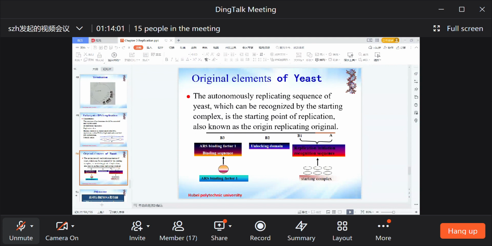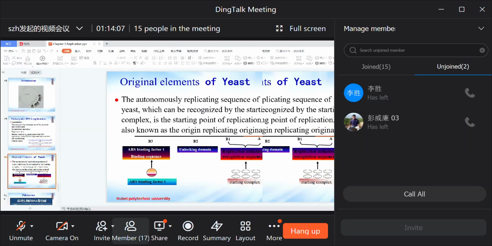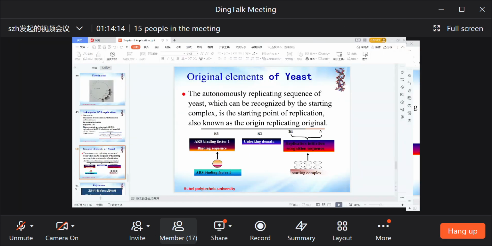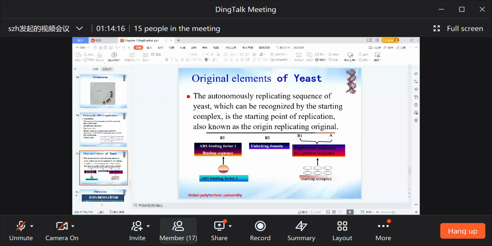Again, one time you can see it elongate several nucleotides. And later you can see the DNA strand bend its direction and reverse to synthesize the base pair sequence.